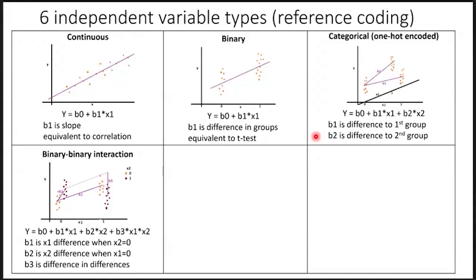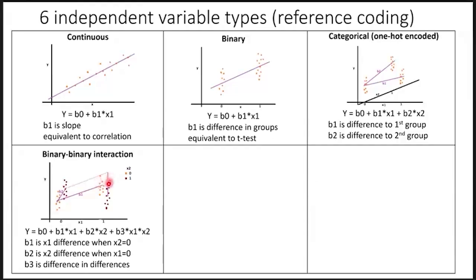So the model has to do this using 3 coefficients. The first coefficient is the difference between, let's say, healthy and depressed for the males, okay, for the 0 group in the other variable. The second coefficient is the difference between reference and, let's say, the females within the healthy population.